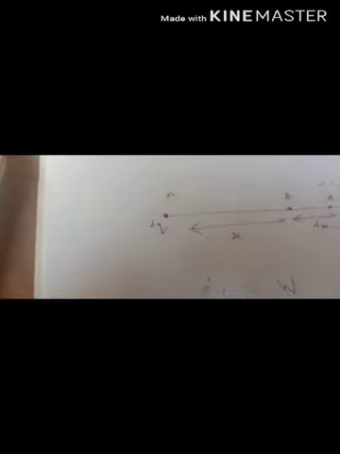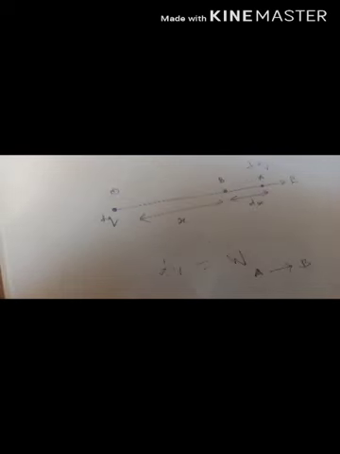The work done in moving a unit positive charge from A to B is dV equal to E dot dx.